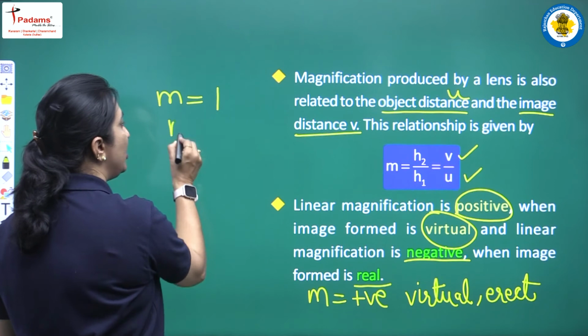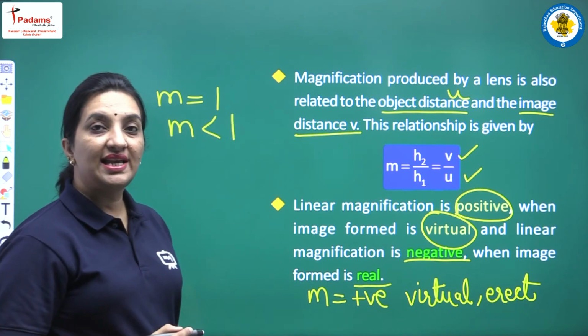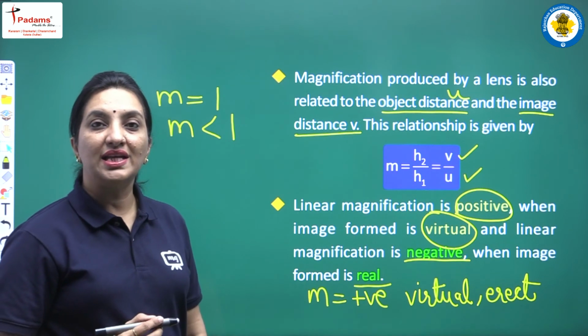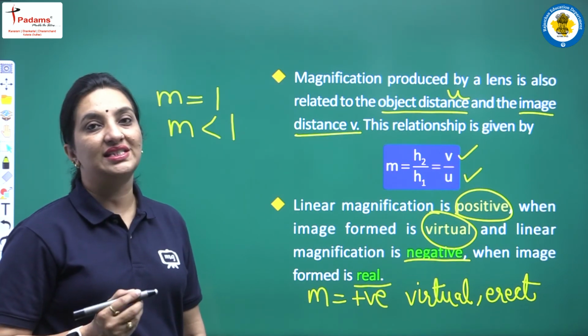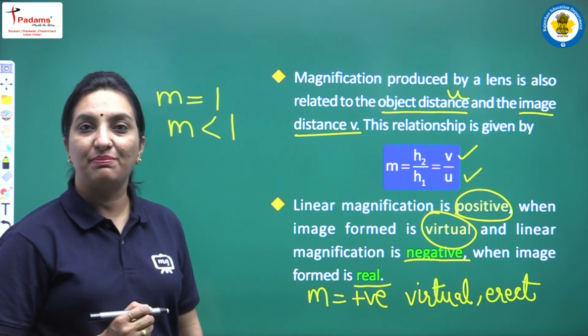But if the value of m is less than 1, then what we say is that the size of the image is less than the size of the object, that is demagnification has taken place.